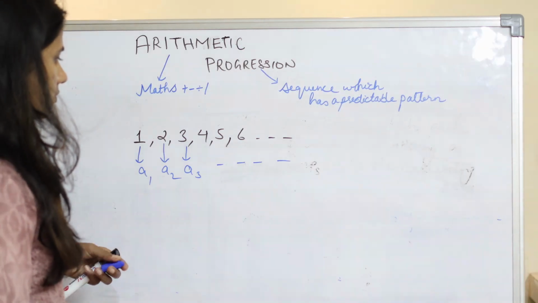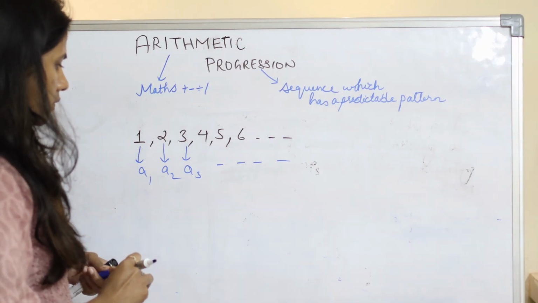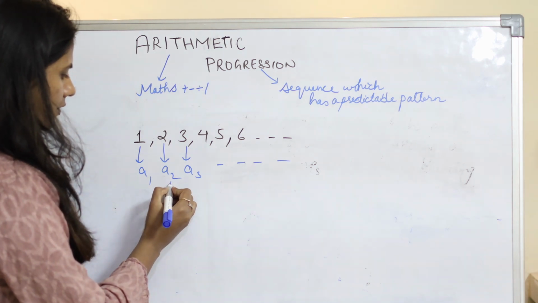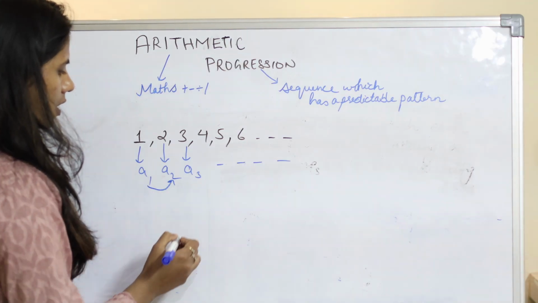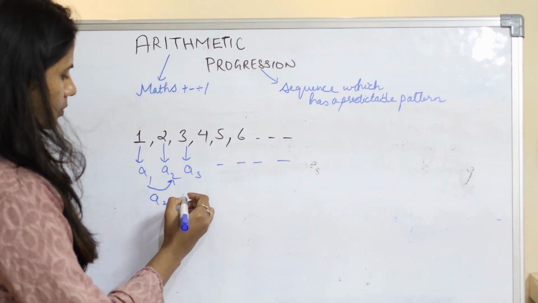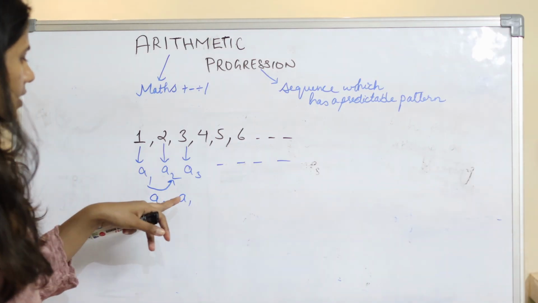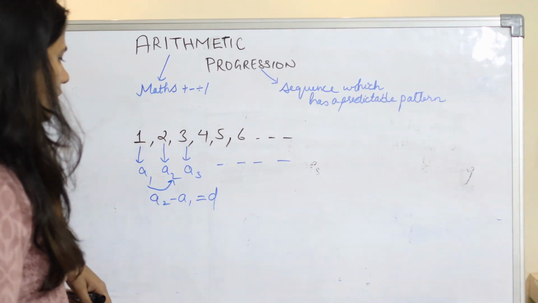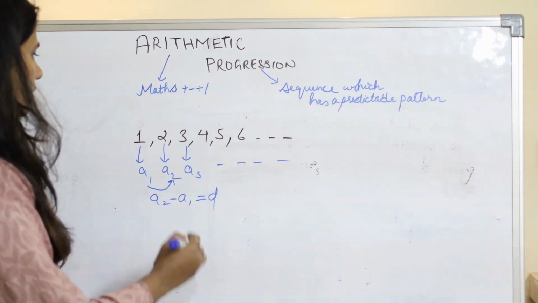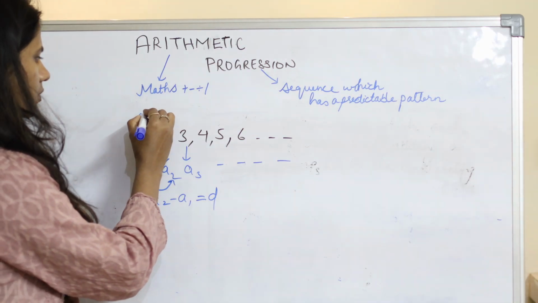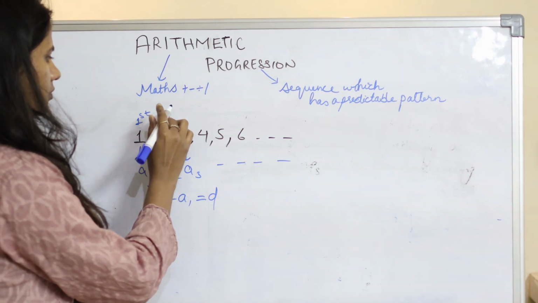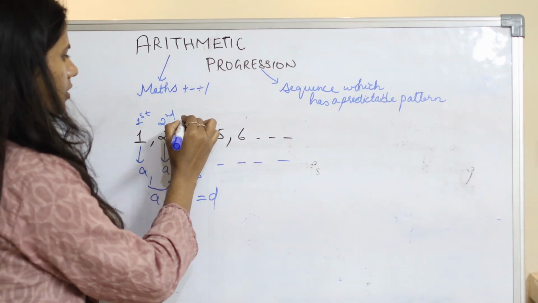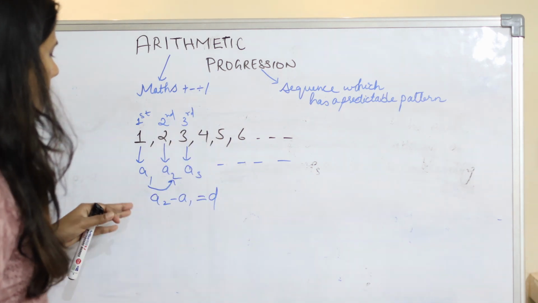So when this is the case, the difference after subtracting A1 from A2 is called D. Let's say this is the first term, this is the second term, this is the third term.